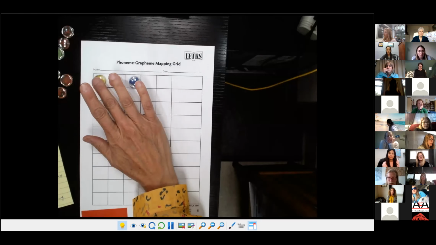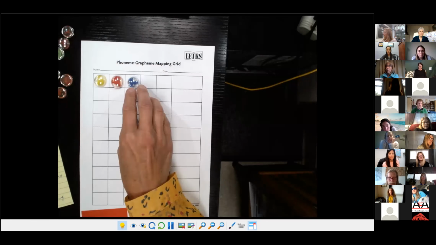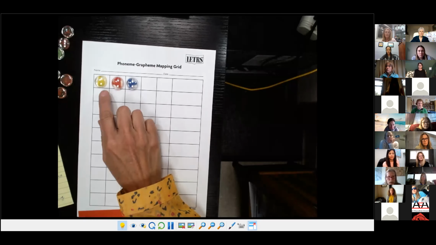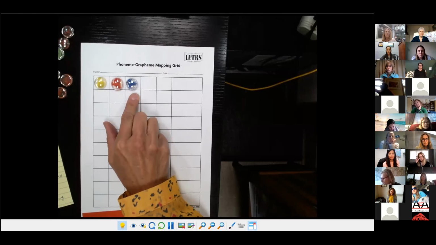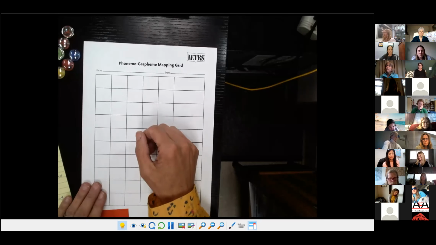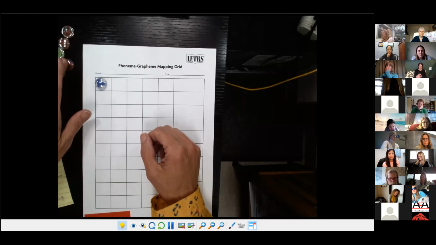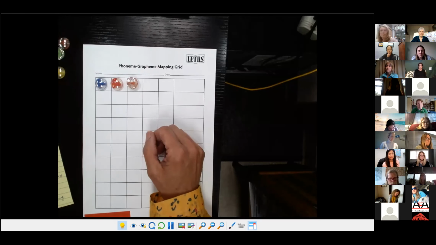Okay, notice my beads are only 3, but because we're focusing on the phonemes, the sounds. I, ch, 1 sound per block. Okay, the next word I'm going to do is batch. The word is batch. Batch.